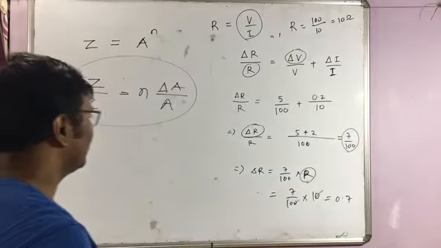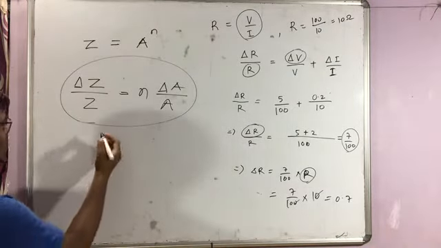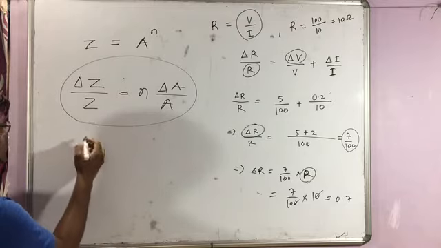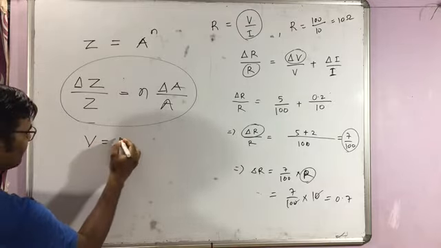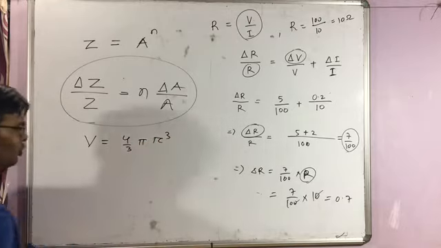Now suppose one question is given. We know the volume of a sphere is given by V equal to 4 by 3 pi r cube.